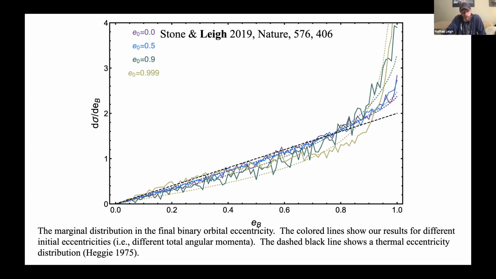So our formalism predicts more eccentric black hole binaries from the dynamical channel than previously predicted. And this should ultimately translate into an enhancement in the rates of black hole binary mergers due to gravitational wave emission, since higher eccentricities translate into shorter gravitational wave merger times.